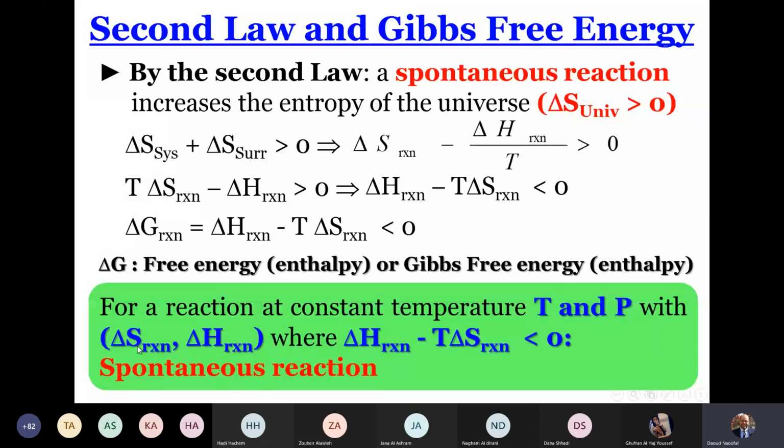Delta S of the reaction is calculated from the difference between S0 of the products minus S0 of the reactants according to the stoichiometry. If we find delta H minus T delta S for this reaction negative, we can say that this reaction is spontaneous in the written direction at the given conditions of temperature and pressure.